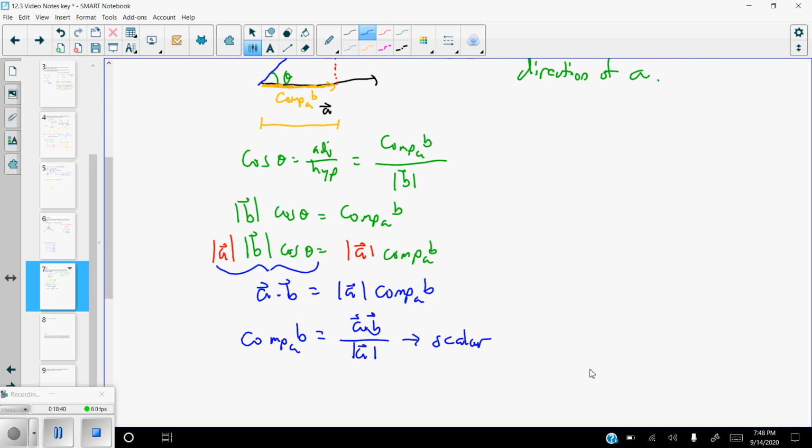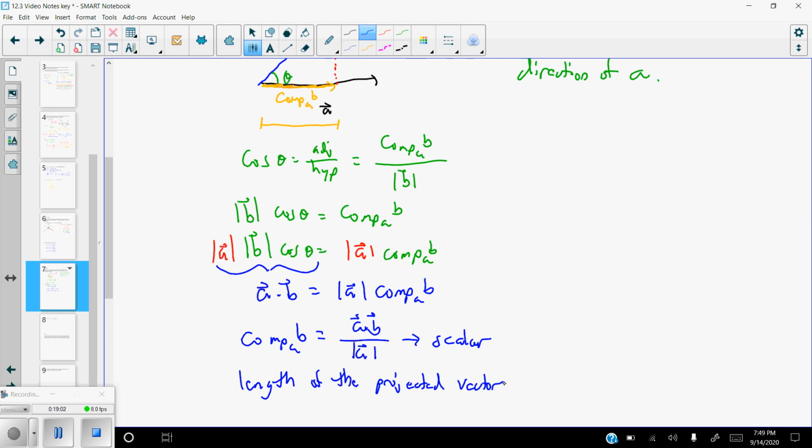All right, so now let's figure out how this is going to get us to a projection. So again, this is the length of the projected vector.